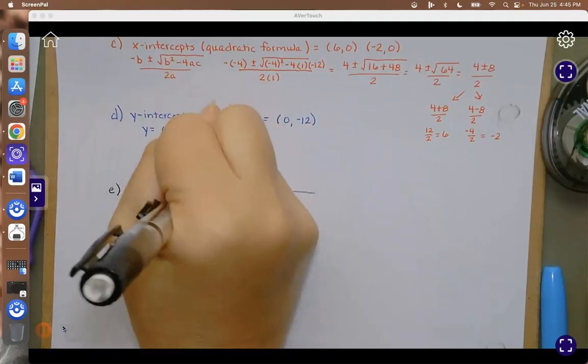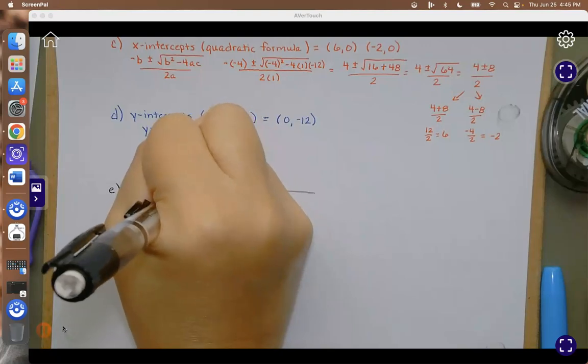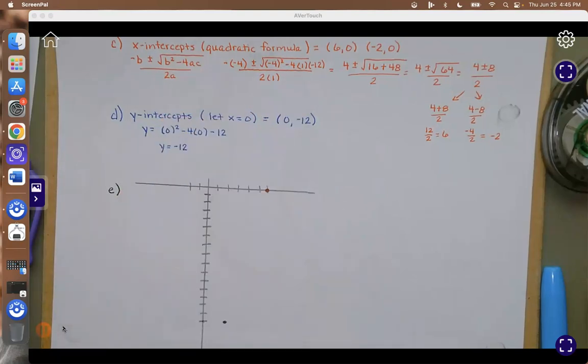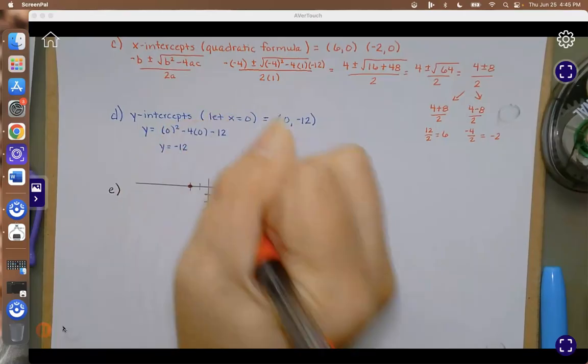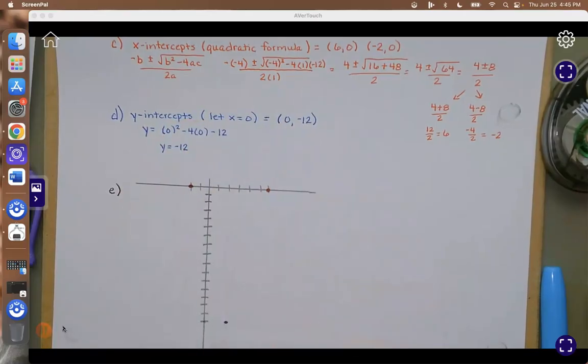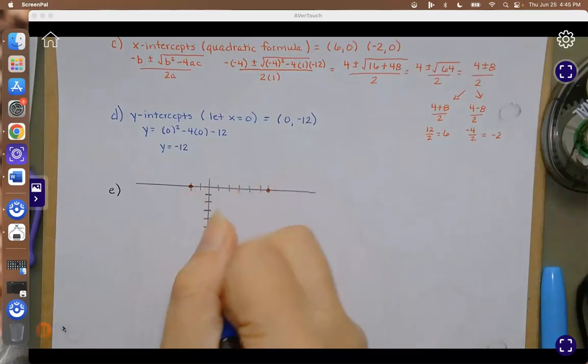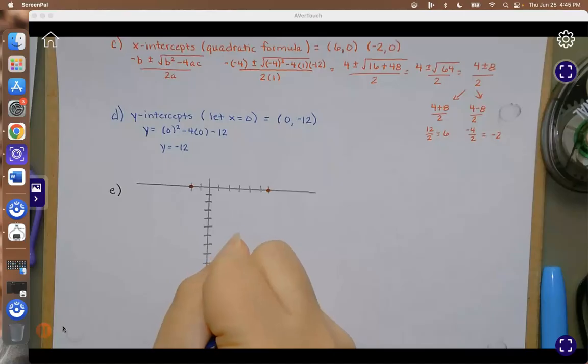And -2, 0. Our y-intercept, that was 0, -12, so 16, 15, 14, 13, 12. Okay?